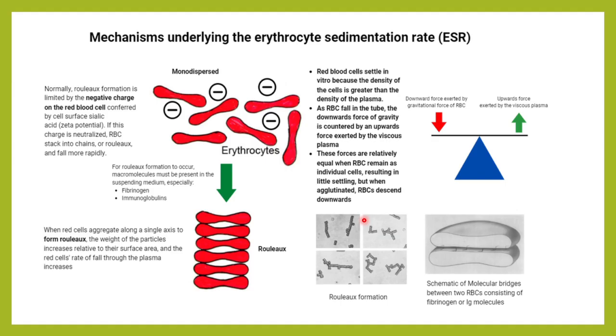So for this rouleaux formation to occur, macromolecules must be present in the suspending medium. There should be some molecules which are going to make these RBCs stack together. And those are your fibrinogen and your immunoglobulins.